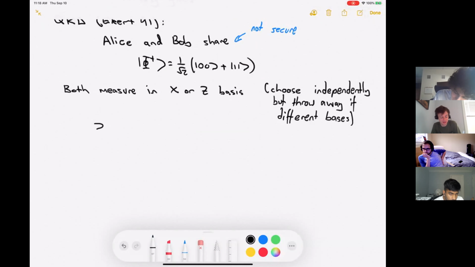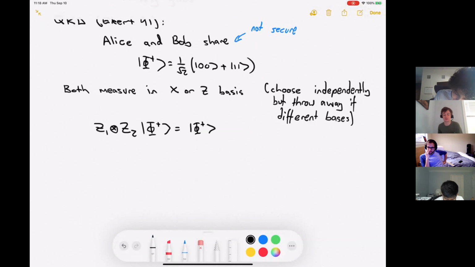Pretty easy to check. I leave it to you guys as an exercise that if I use a measurement operator that's just the tensor product of Z on qubit 1 and Z on qubit 2, and apply it to the Bell state phi plus, it just gives phi plus.